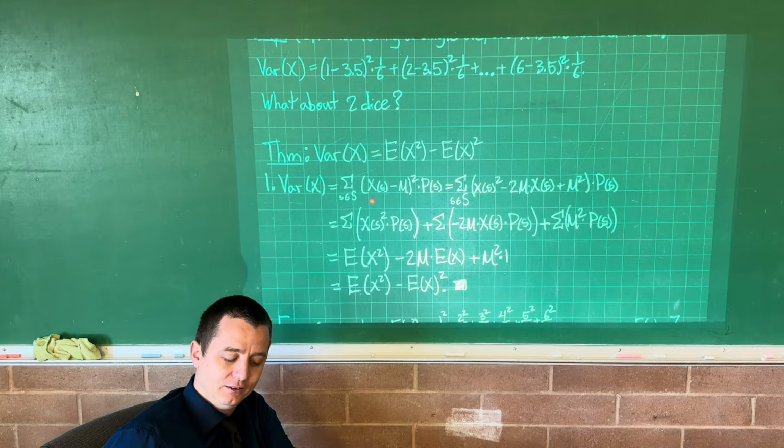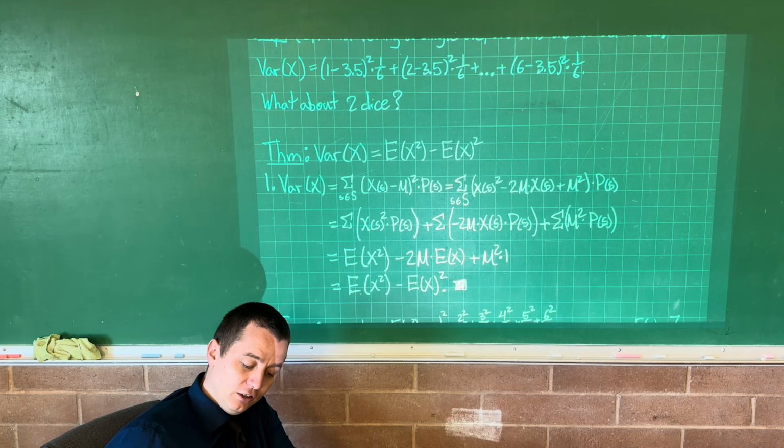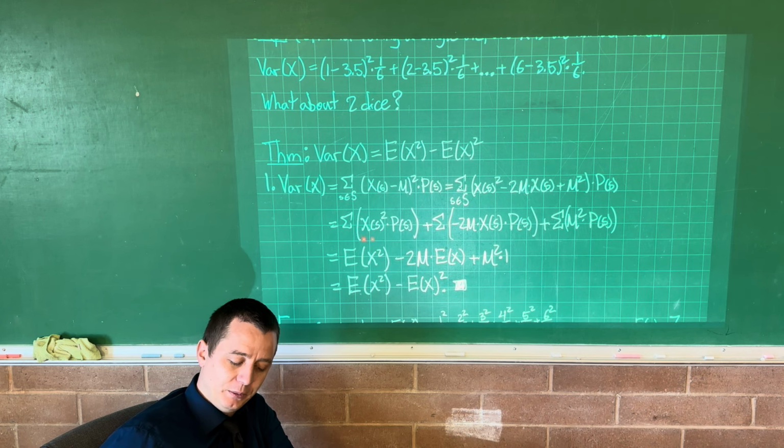We're going to have an x of s times a negative mu and a negative mu times an x of s, for a total of negative 2 mu x of s. Sorry, my handwriting got sloppier the further I went. And then negative mu times negative mu is positive mu squared. So expanding this out gives us this. And we still need to multiply by our p of s. Distribute our p of s into each of those 3 terms and split it up into 3 separate sums.